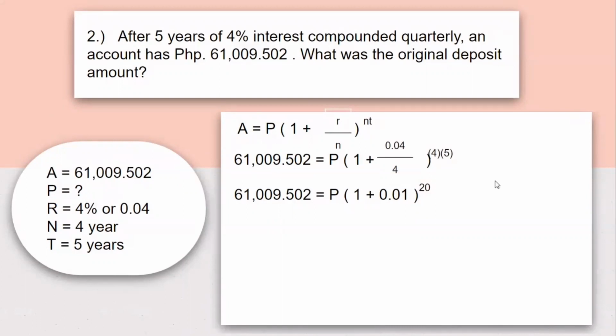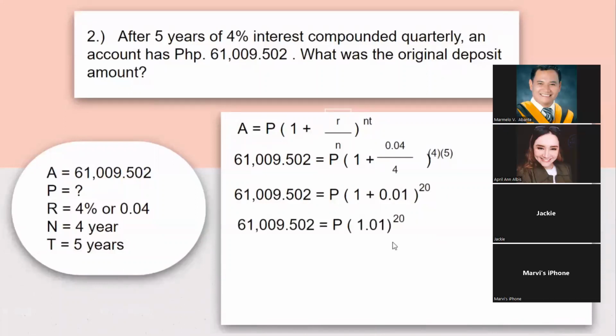So, ganun ulit, yung rule ni PEMDAS yung susundin natin, unahin natin yung nasa loob ng parenthesis. I-divide muna natin ito, 0.04 over 4, equivalent niyan is 0.01. Tapos sa exponent, i-multiply na rin natin silang dalawa. 4 times 5, kaya naging 20 siya dito.